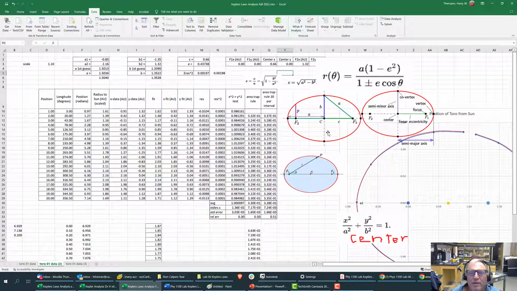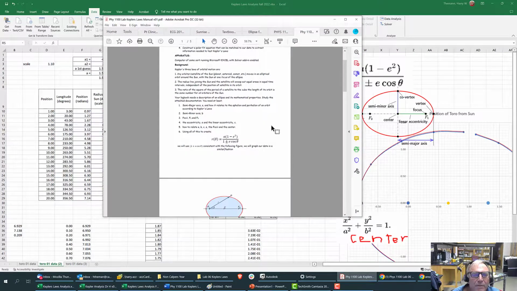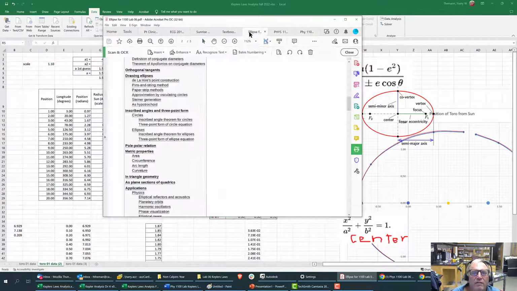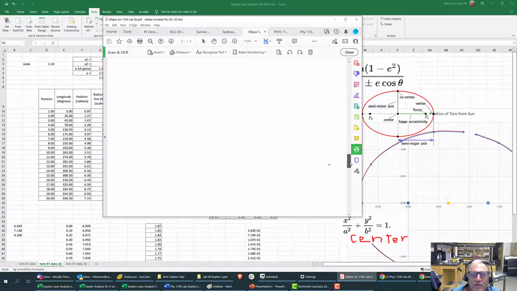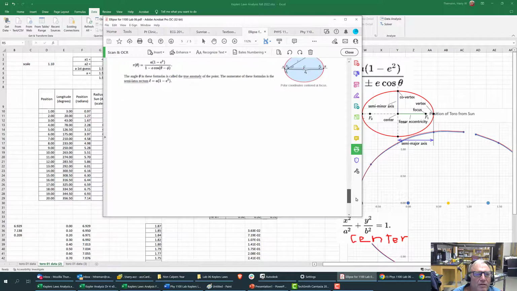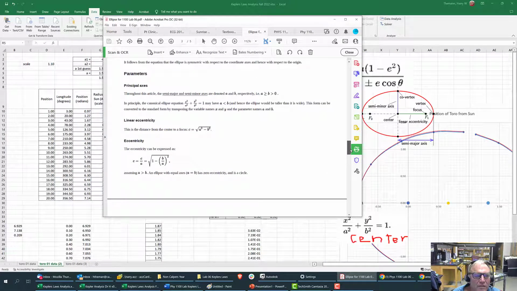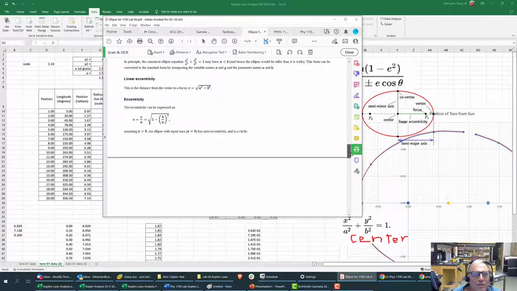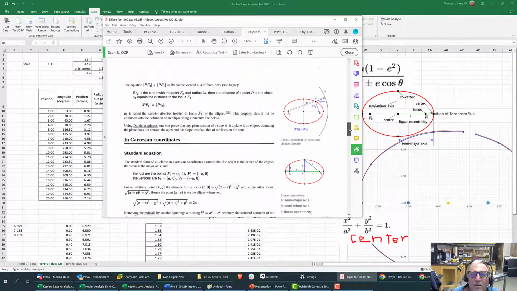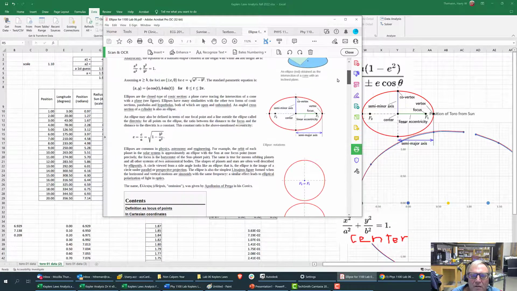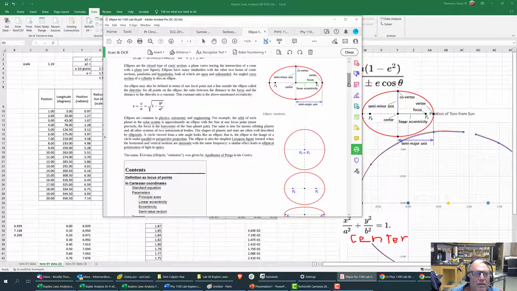And then I don't have a picture of the eccentricity here. Oh, interesting. Let's take a look here. No, wrong. I want this. And I guess I want to see how we determine the eccentricity. There it is. Assuming A is greater than B, so yeah, but I want to know exactly linear eccentricity, but eccentricity, here we go.